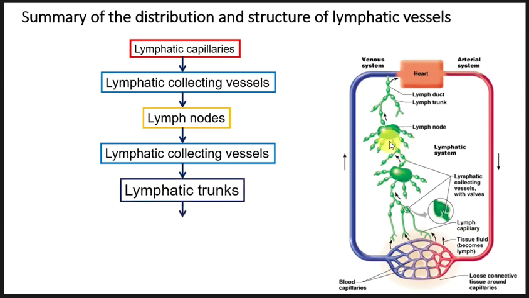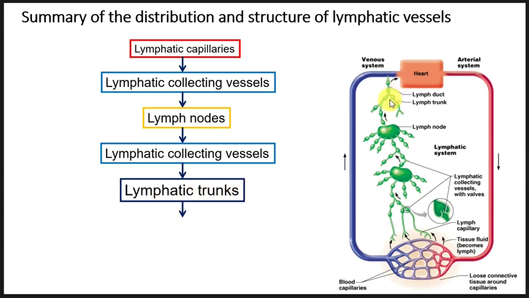Here we have been shown another leaf, but the fact is that if this is a lymphatic collecting vessel, even in this one it is the same. Now from this lymphatic vessel it goes to this one here, which is the lymphatic trunk.